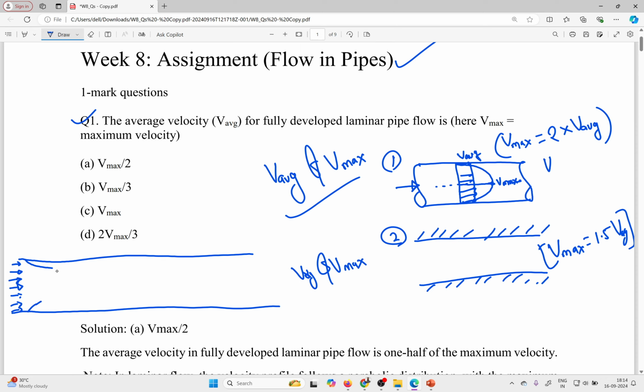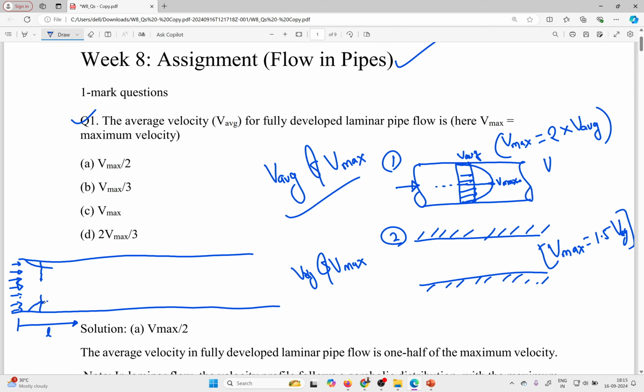Initially your velocity diagram will not be parabolic. As your fluid travels in this direction, along the length of the pipe, the effect of the no slip condition, the wall condition or viscosity, this resistance propagates towards the center.